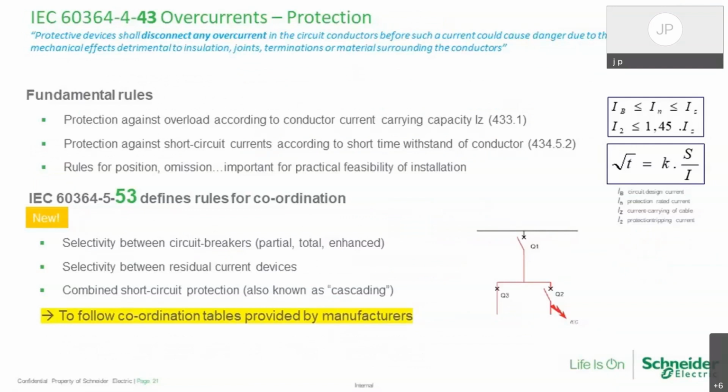So mainly you will see that this part 53 was updated in 2019, and there we really improved the selection and erection of the different devices, and especially the coordination rules.